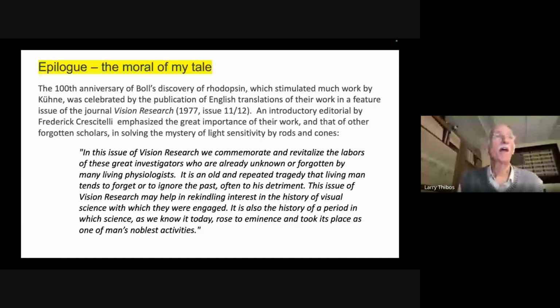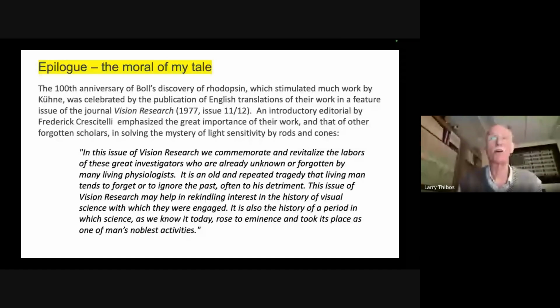That was celebrated by the publication of English translations of their work in a feature issue of the journal Vision Research back in 1977. An introductory editorial to that feature issue by Frederick Crescitelli emphasized the great importance of their work and that of other forgotten scholars in solving the mystery of light sensitivity by rods and cones.